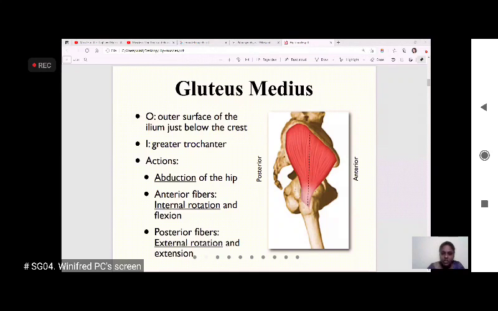I'm just showing this picture to remember the muscles, so that we can imagine these muscles on the finger and then work on the nerves. Gluteus medius helps in the abduction of the hip and the internal and external rotation of the hip. Next.